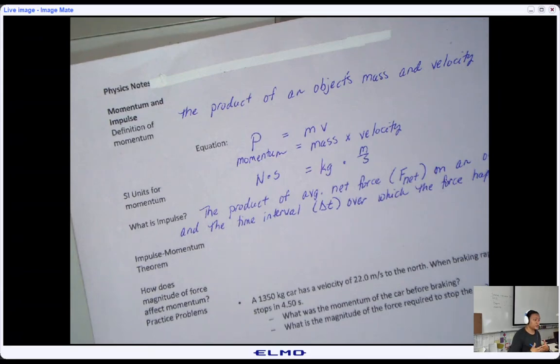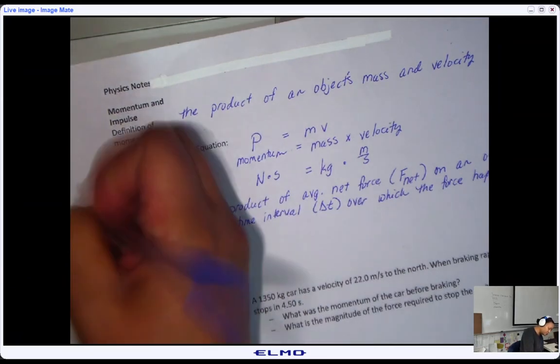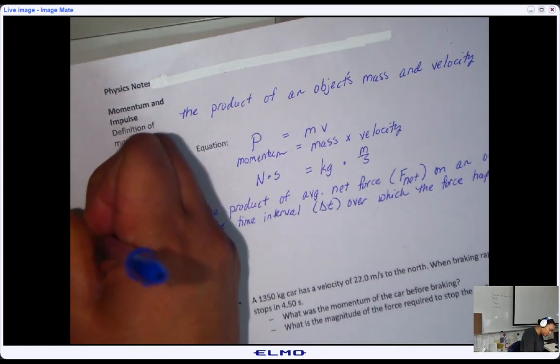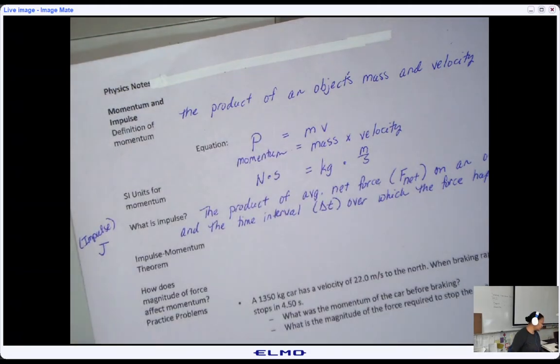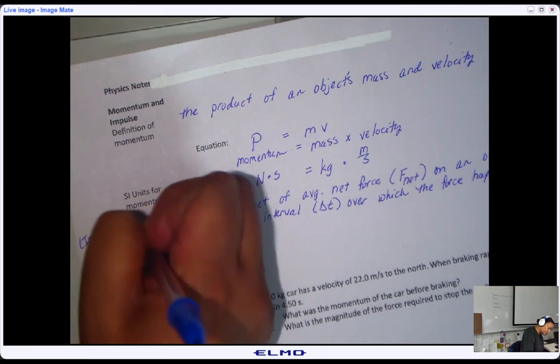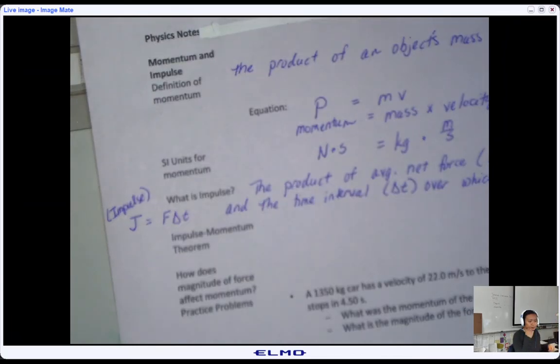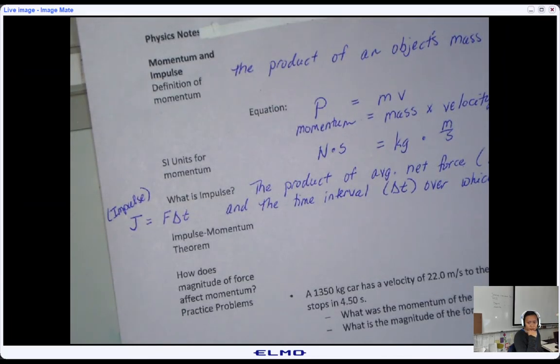So I'm going to use the one that I've seen most common, and that's J. J stands for impulse, capital J, and it is going to be your force times your change in time, F delta t. Your force times your time.